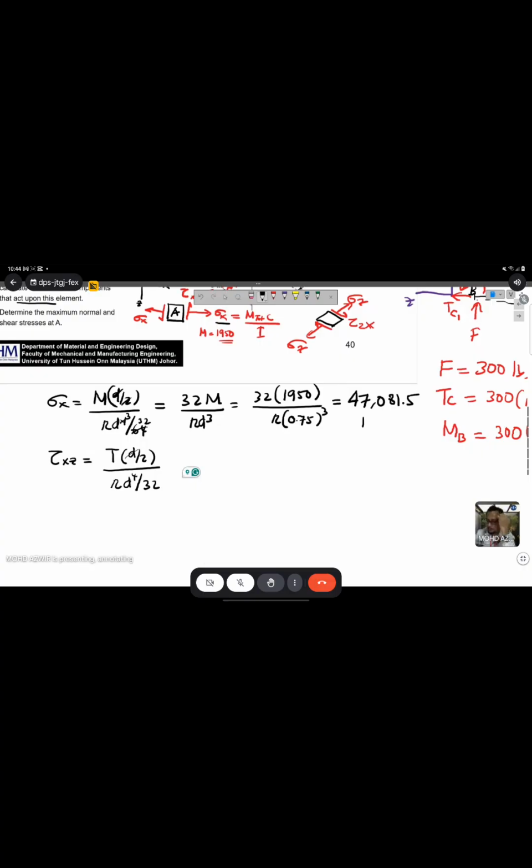The unit will be in psi. So let's simplify it. This one will be 47.1 kpsi.